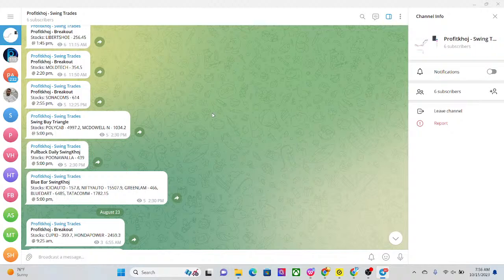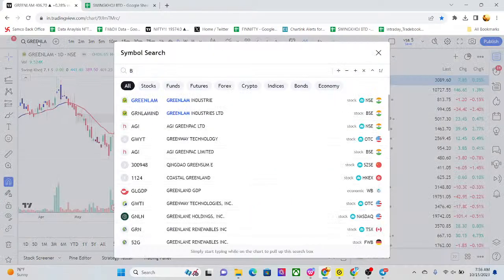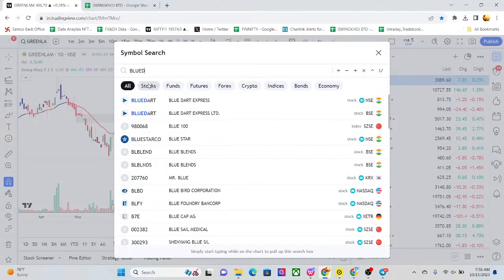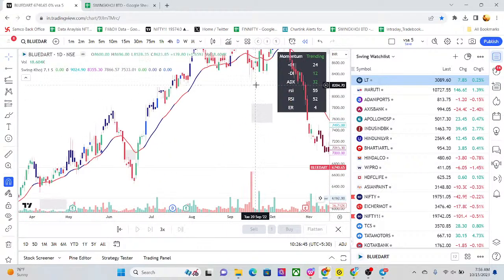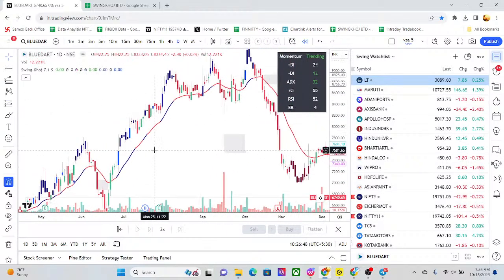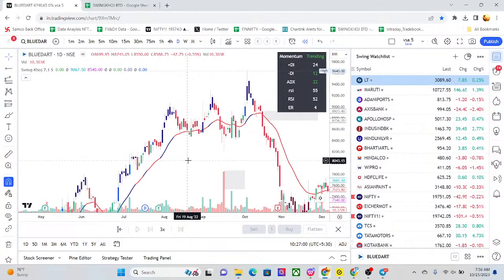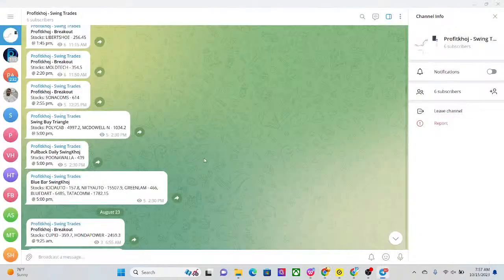Blue Dart, Tata Communication. August. See, you can see here it has come in this swing in our scanner, but it is not reflecting here.